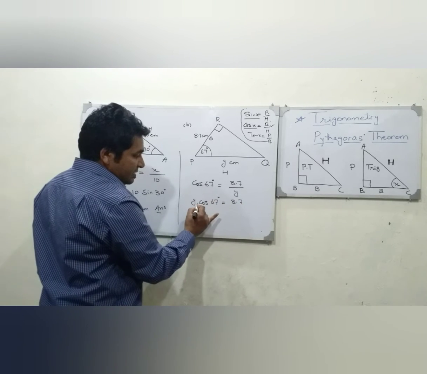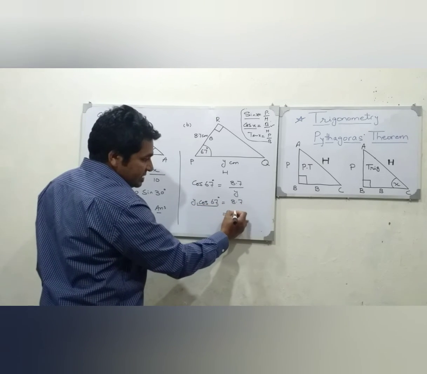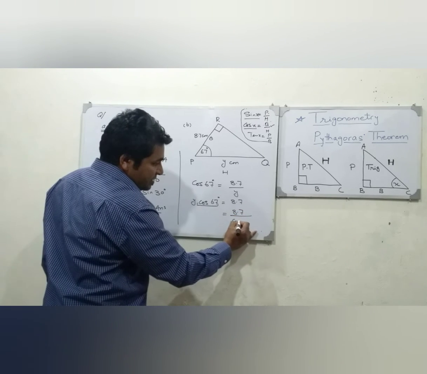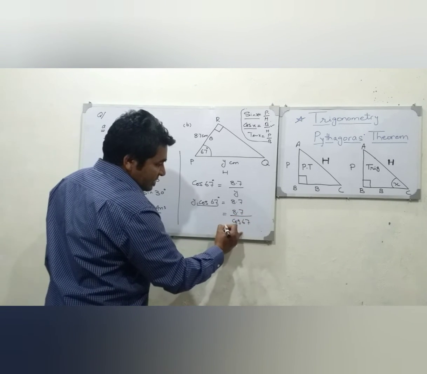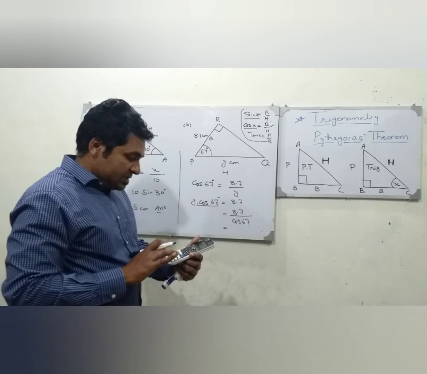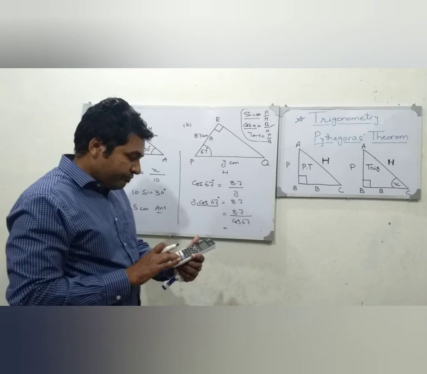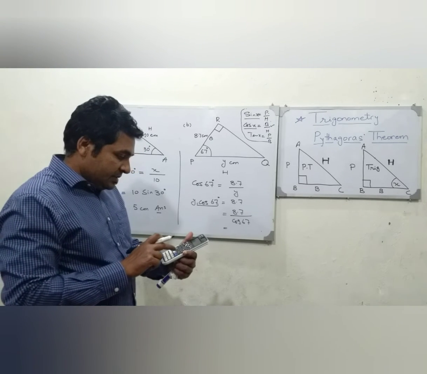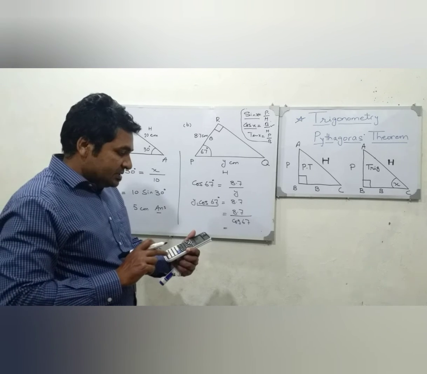Then we take cos 67 to that side, and it becomes 8.7 over cos 67. Now use your calculator, divide 8.7 by cos 67, and you will get the answer.